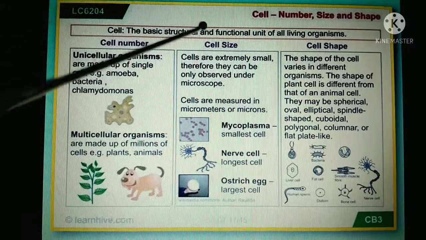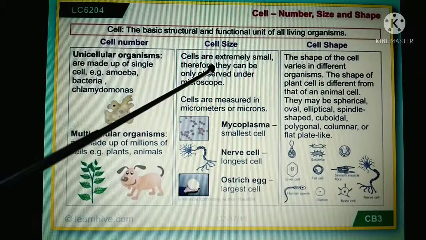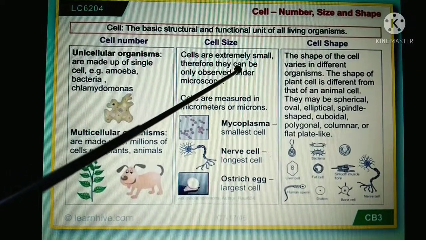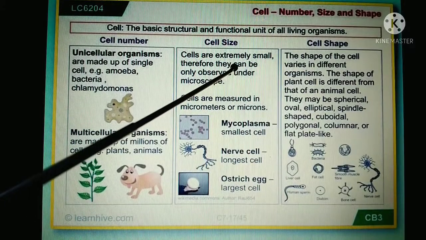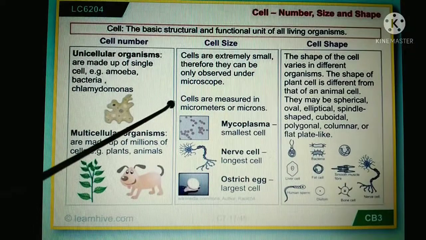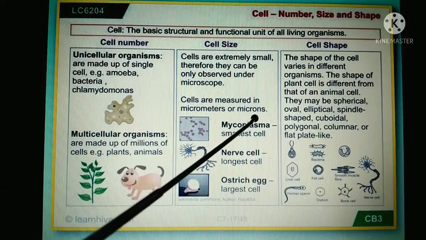Another aspect is the size of the cell. The size of cells varies from one organism to another. They are measured in micrometers or microns.